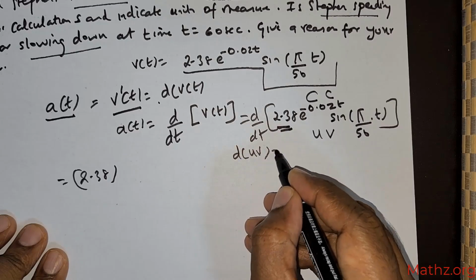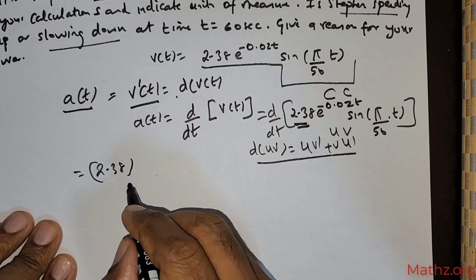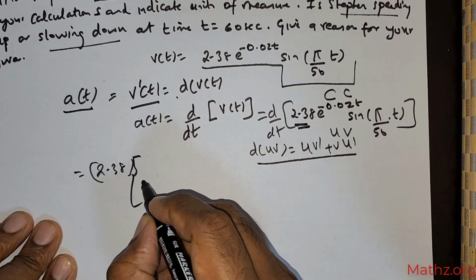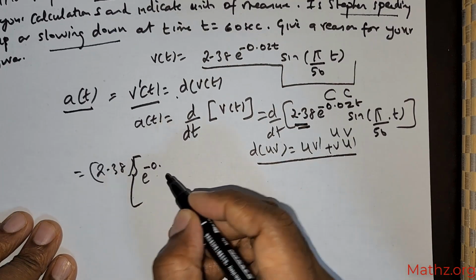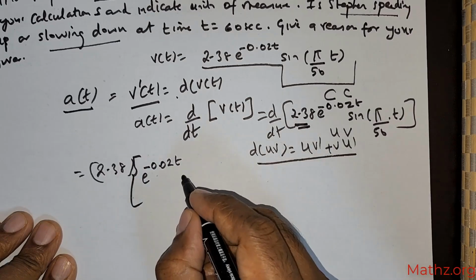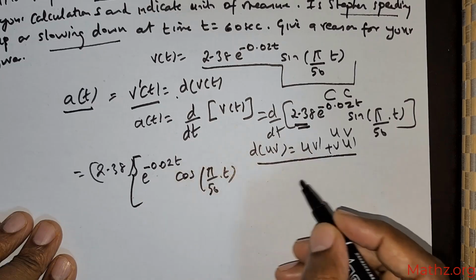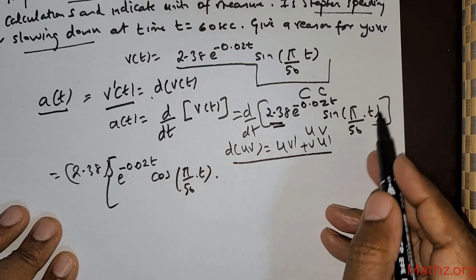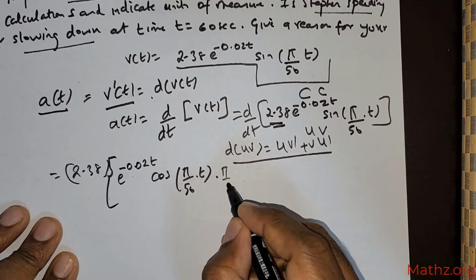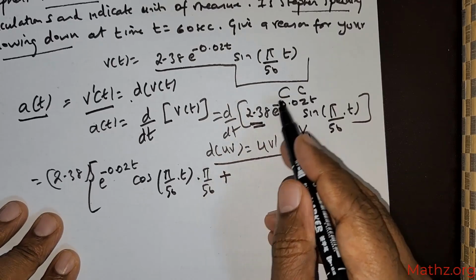So d of u times v is equal to u times v dash positive v times u dash. So u is e raised to the power of negative 0.02 t times the differential of this, that's cos of pi over 56 times t, times the differential of this quantity, that's going to be pi over 56, positive the differential of this quantity.